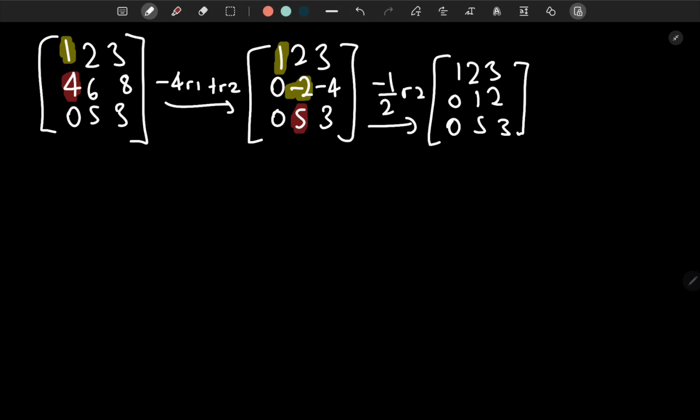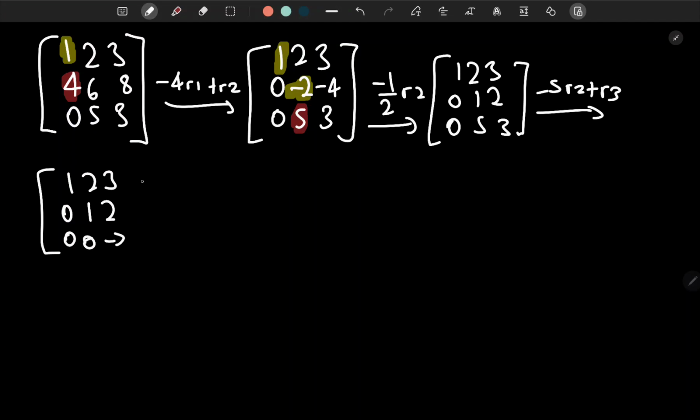Now we can just do minus 5 R2 plus R3, and this will give us, I'll write it over here, 1 2 3, and then 0 1 2, and then the last row is going to be 0 0 -7, and that's it. Now we can see we have 3 pivots here, the first one, the second one, and third one, and we don't have any values below these pivots.